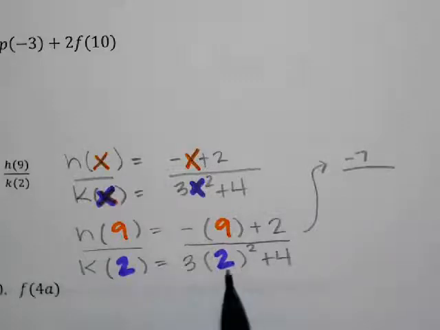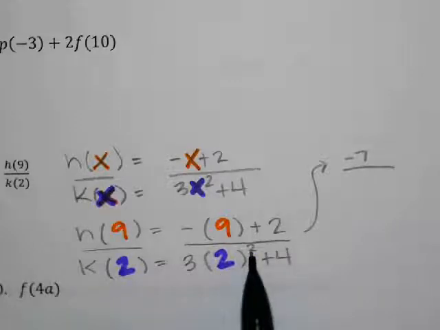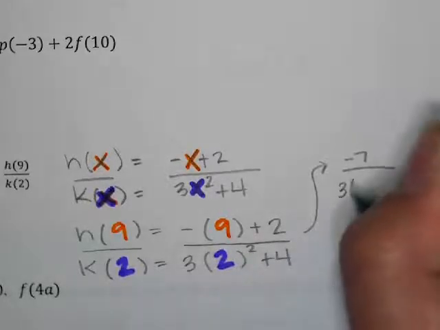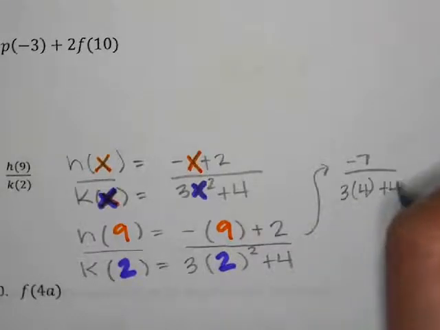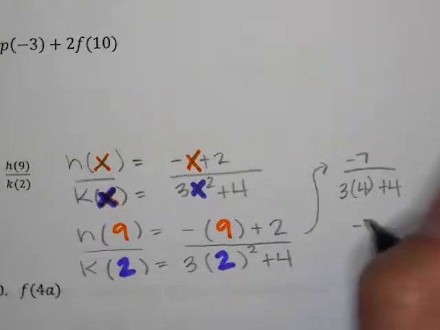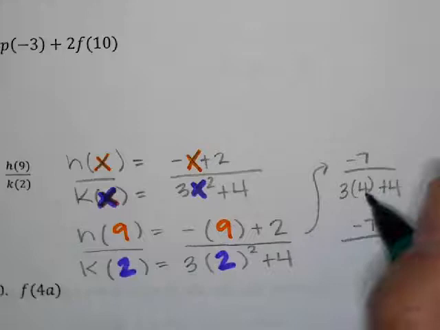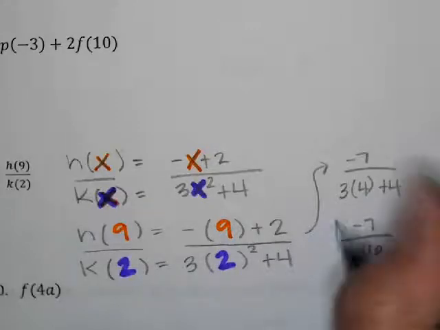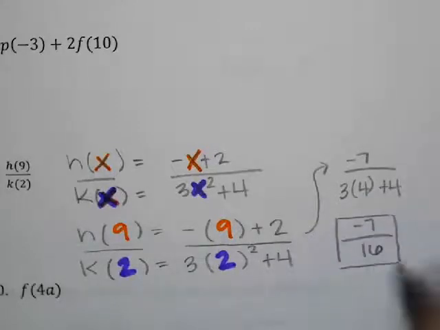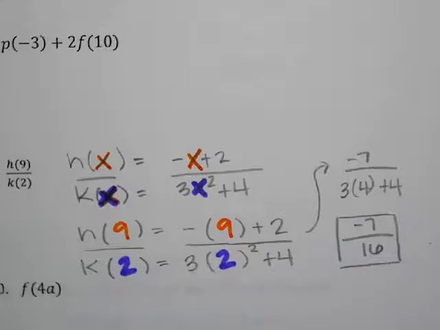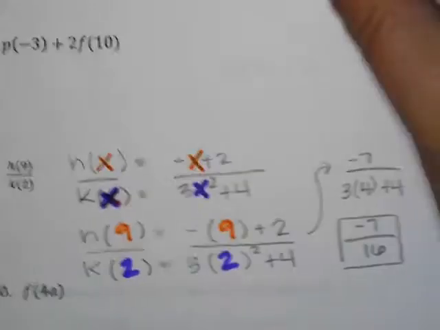So 2 squared is 4. Okay, so 3 times 4 we said is 12. And then 12 plus 4 is 16. And so the answer is negative 7/16. Okay.